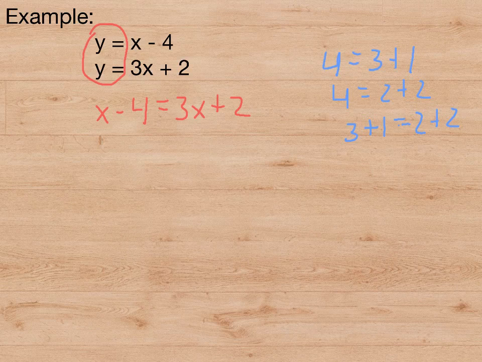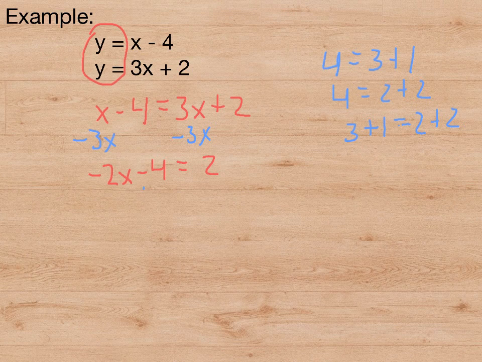All right, so now that we've gotten rid of the y's because they were both y equals, now we have to get our variables to one side. So I'm going to go ahead and move my 3x to the other side because I like my variables on the left. So now I have negative 2 times x minus 4 equals 2.